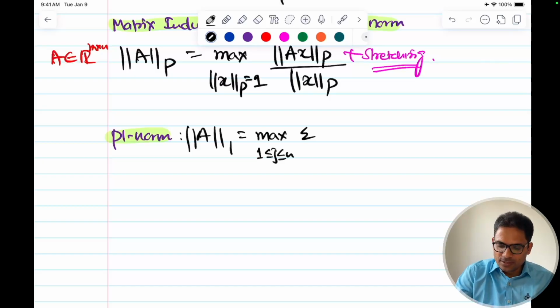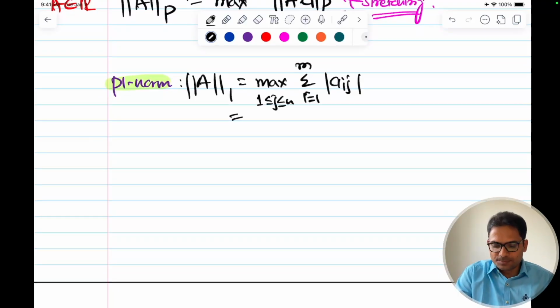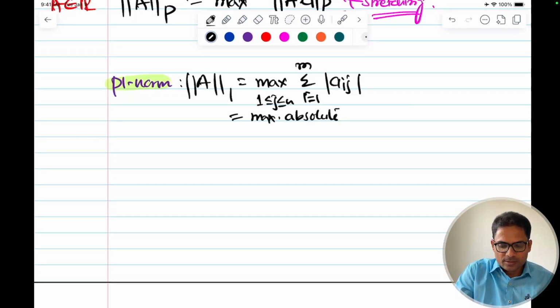This is what it gives. So this is equal to the max absolute column sum of that matrix.